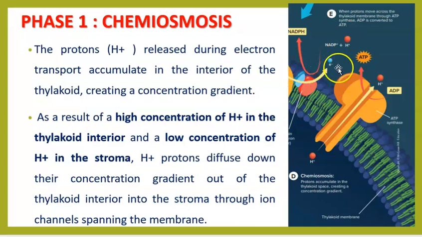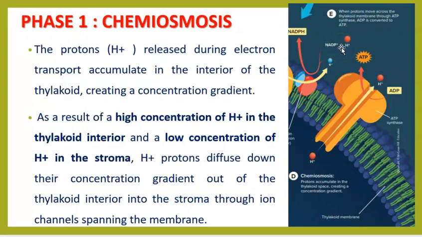In the electron transport chain, this H plus is released outside. So you have H plus here and you have H plus outside too. This creates a concentration gradient. So there are more H plus inside the thylakoid space than outside.